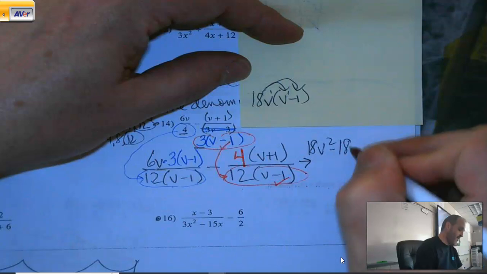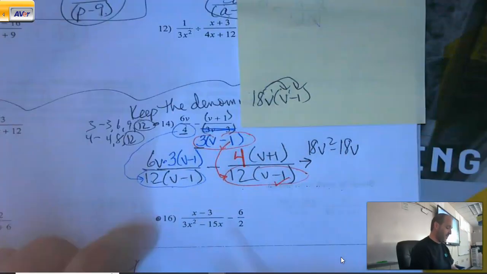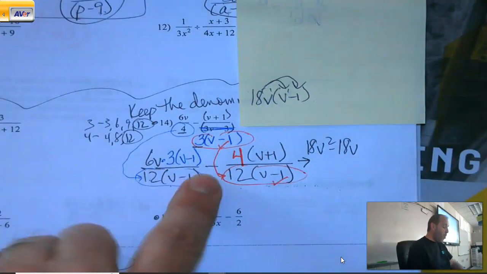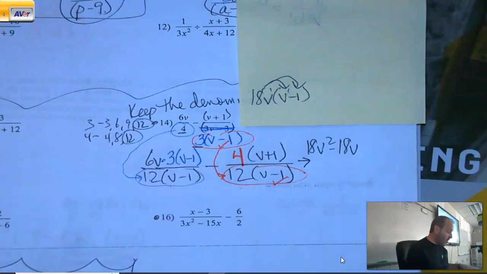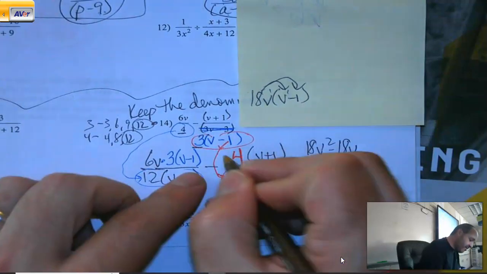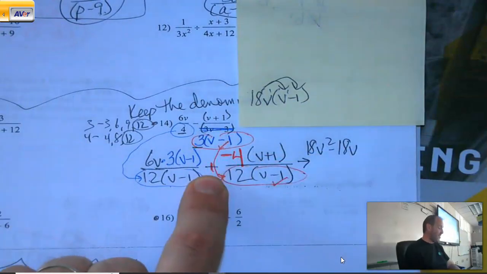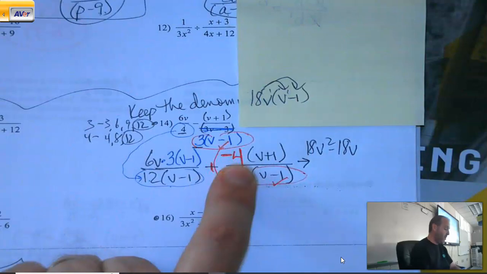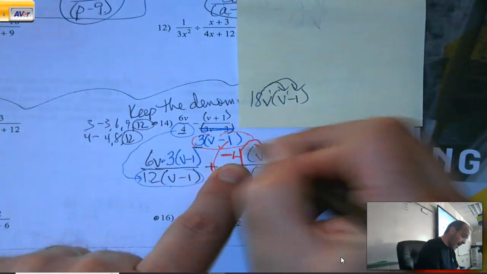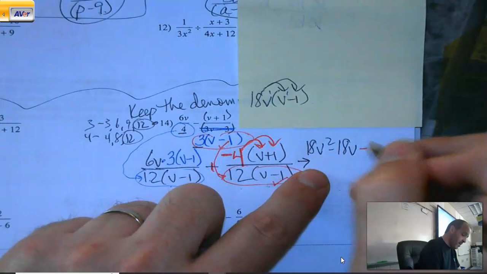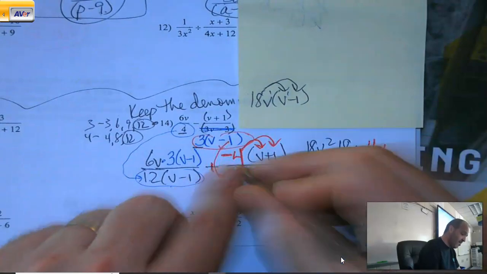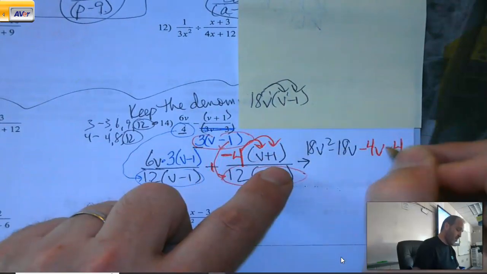That's 18v. Okay, that's this first one. When it's minus in the middle, another suggestion, put the minus with your number. Notice I turned that into plus then, so I don't do it twice. Distribute that through. Minus 4v, minus 4.